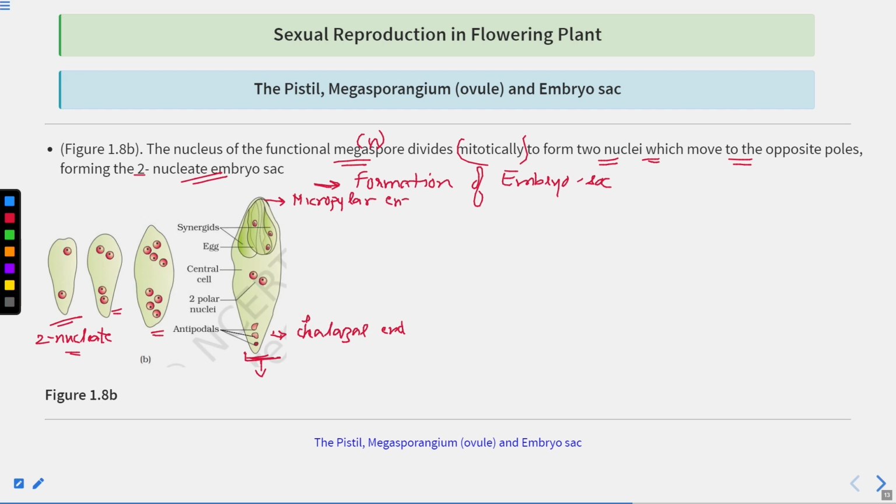Here you can see one egg cell and two synergids, and all these cells are haploid. In the center there are two polar nuclei, which are also haploid. On the chalazal end, 3 antipodal cells are present, and all these cells are haploid, produced by mitosis in the functional megaspore. Okay, clear?